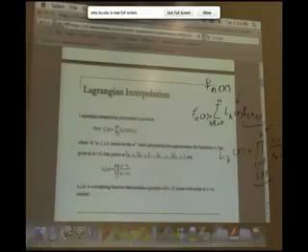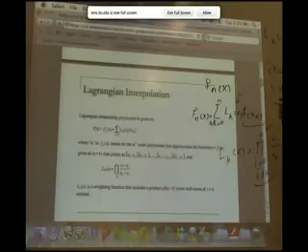For linear, I have access to x0, f of x0, x1, f of x1, right? I have these two data points, and I want to write down what the terms are for my Lk of x.